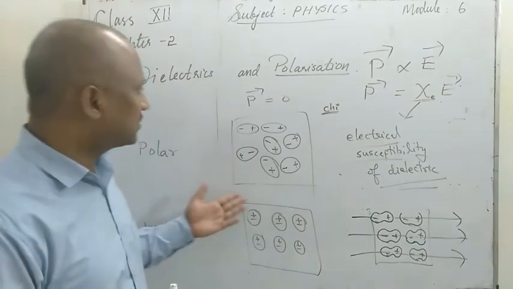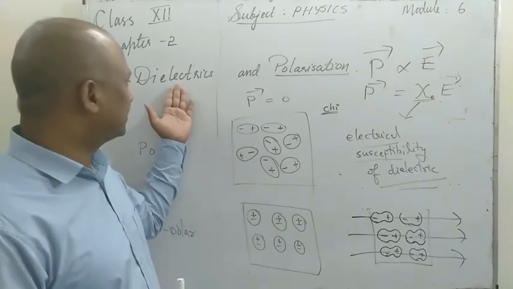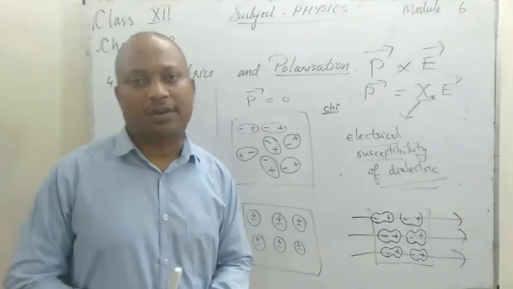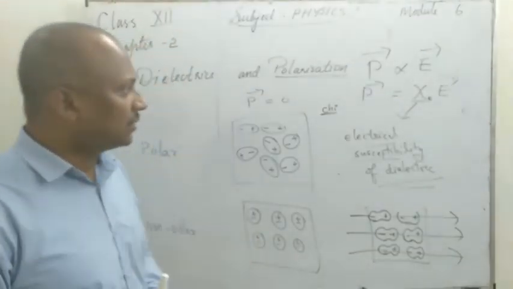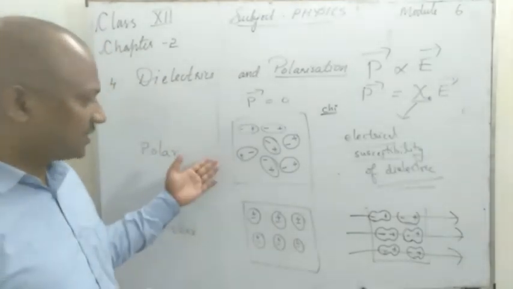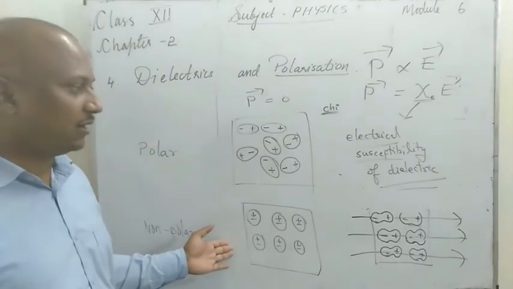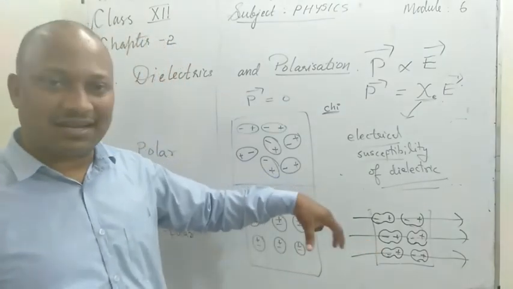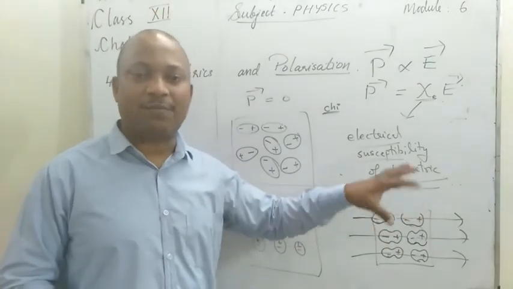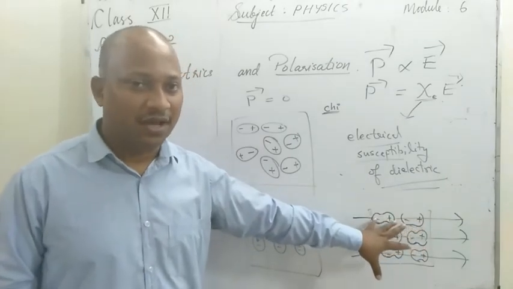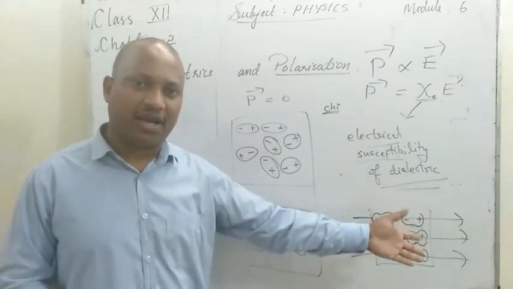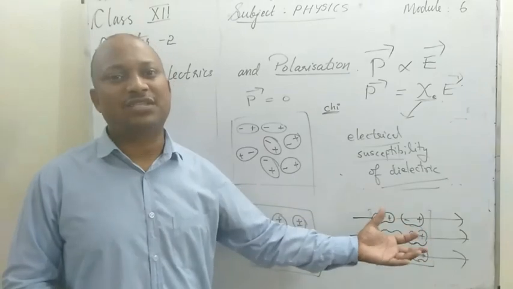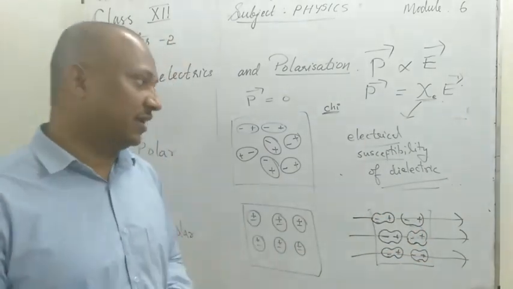And lastly we discussed dielectrics and polarization. So whether it is a polar or non-polar dielectric, we can still polarize it so that some internal dipole moment is induced, which produces an electric field, and that electric field tries to cancel the external electric field.